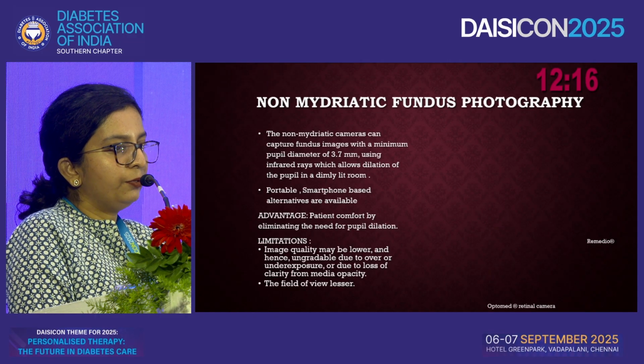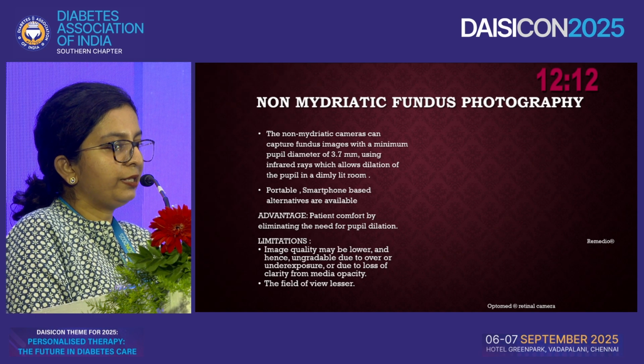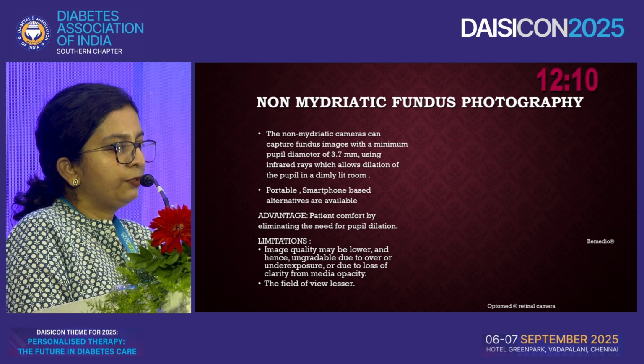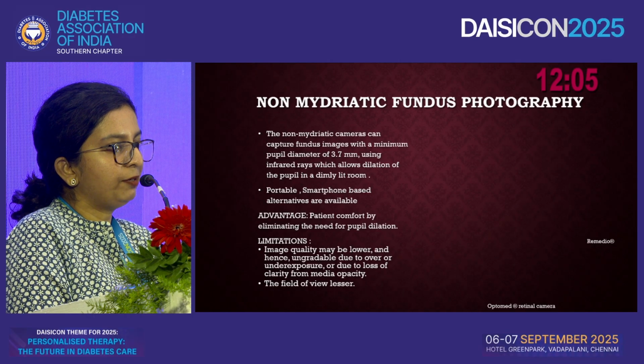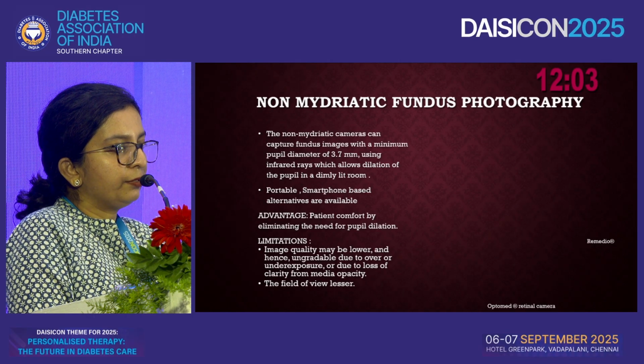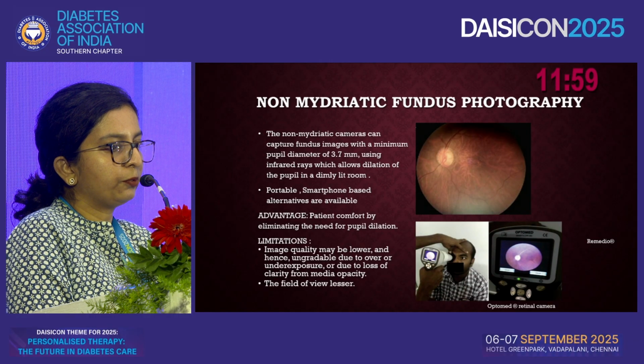Non-mydriatic fundus photography is the standard one which is usually done routinely in all our OP setups. It is based on infrared technology which captures even in a dimly lit room. There are other options such as portable fundus cameras, non-mydriatic fundus photography, and also smartphone-based alternatives.